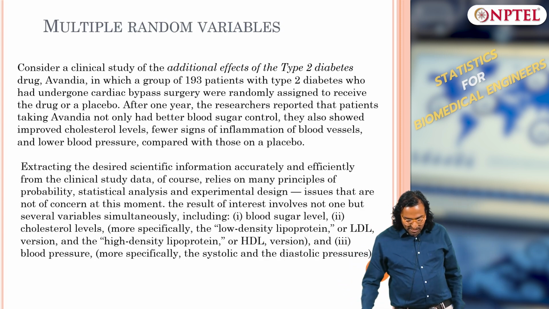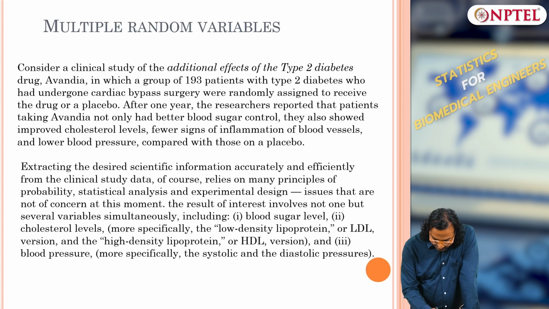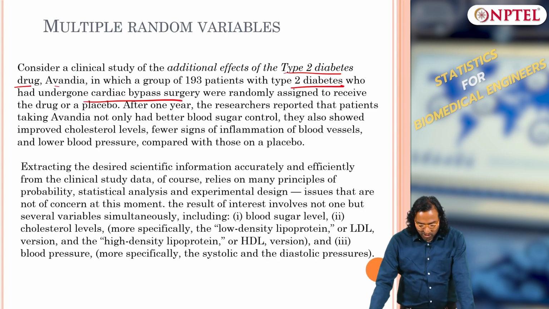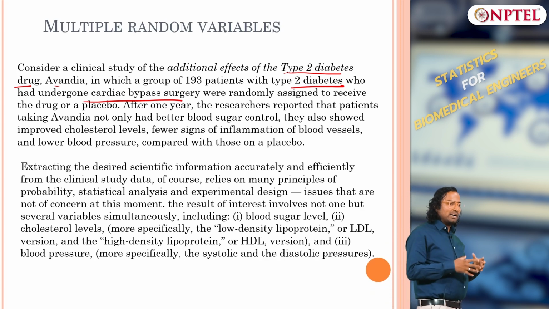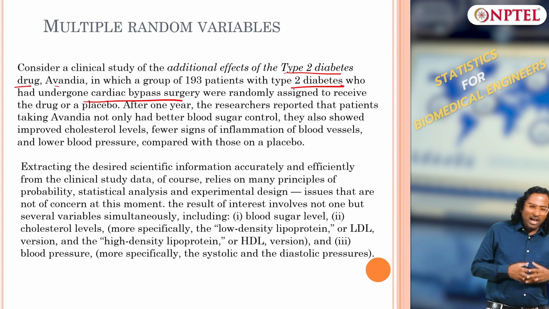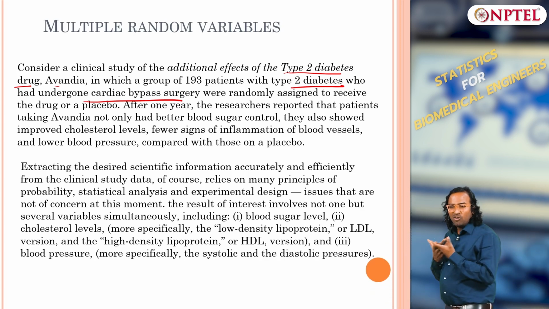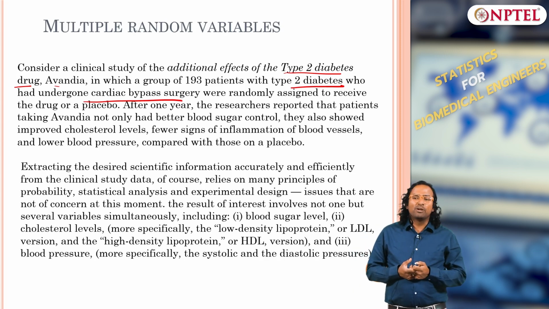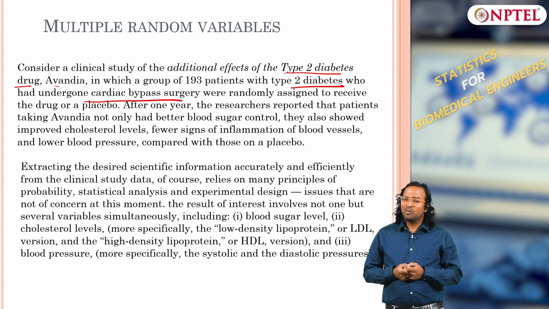So in this case, additional effects of the type 2 diabetes drug, in patients with type 2 diabetes who have undergone cardiac surgery, okay. So when you talk about a drug effectiveness, or even a simple disease or a disorder, there are going to be too many variables influencing your output.